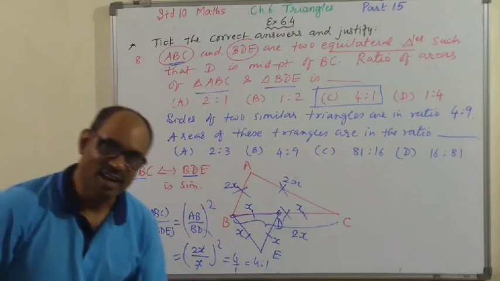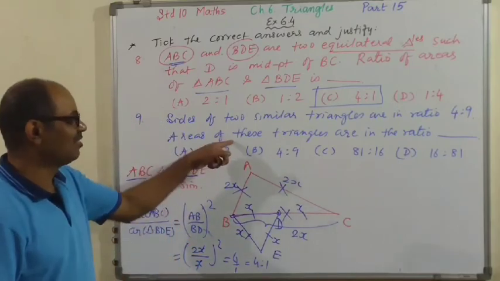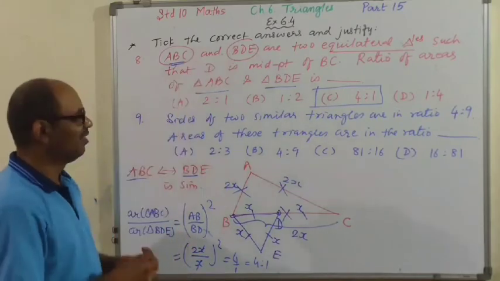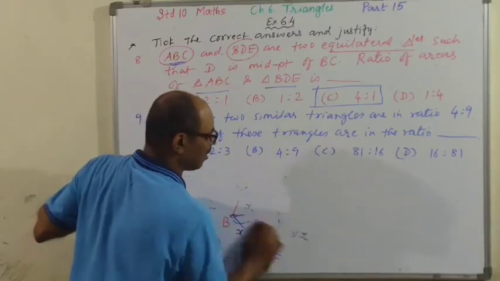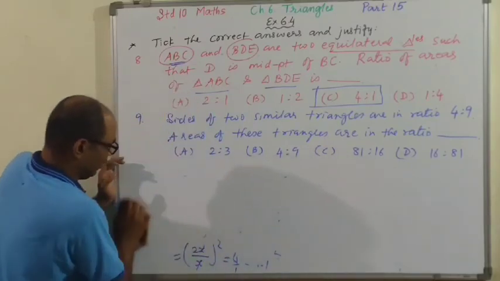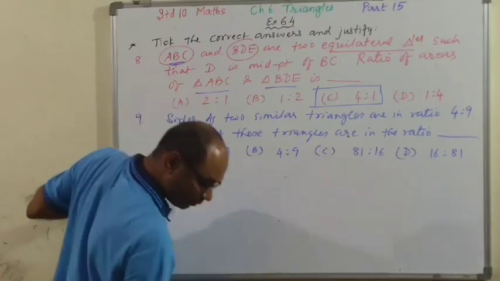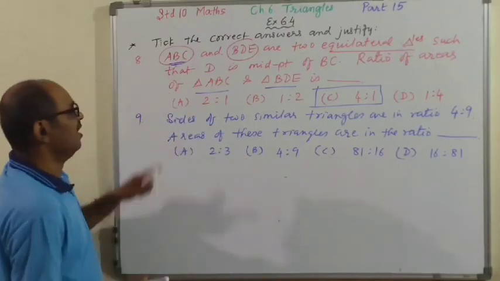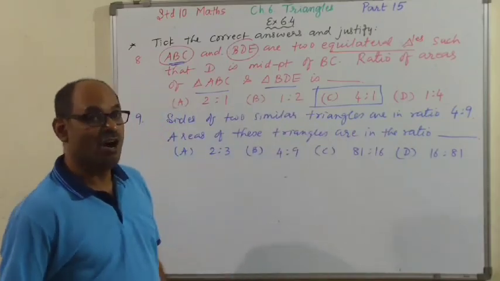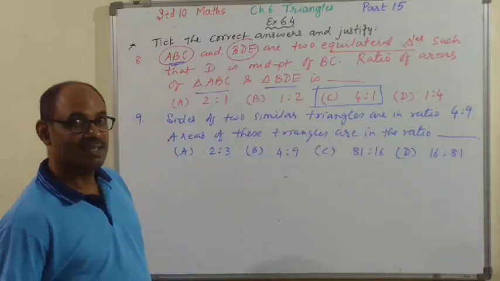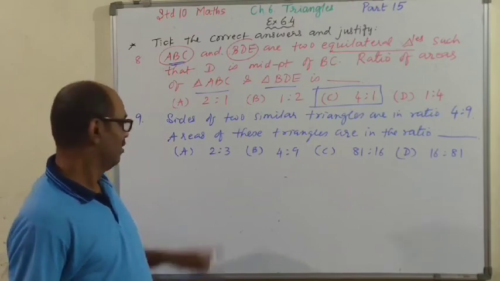Got it, children? Understood? Here, I was reading this question and attempting the top one. All right. Now let's see the 9th one. What is it? Sides of two similar triangles are in the ratio 4:9. Sides of two similar triangles.